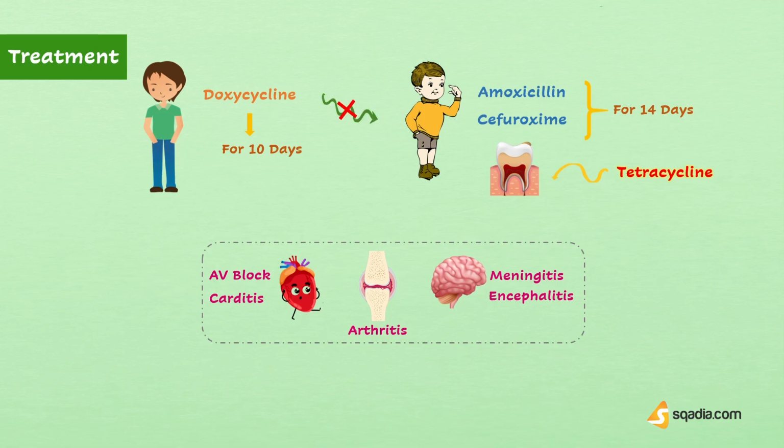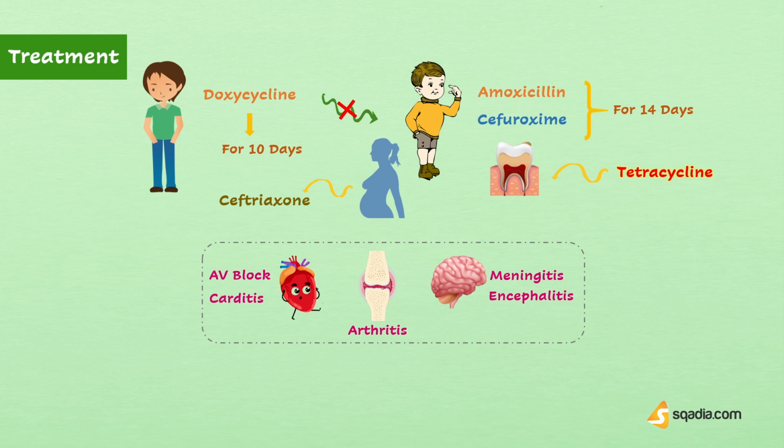So guys, just to make it a bit simple for you, remember that doxycycline is used in most patients except children and pregnant women. In children, amoxicillin remains the drug of choice. Pregnant women show a good response to ceftriaxone.